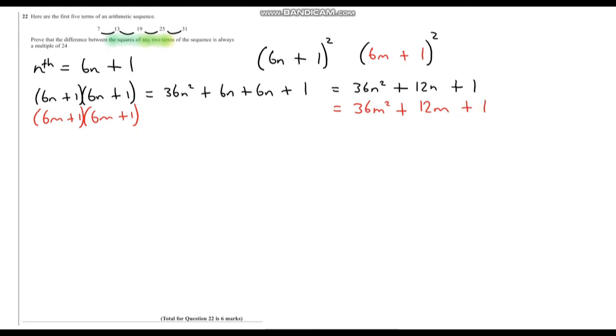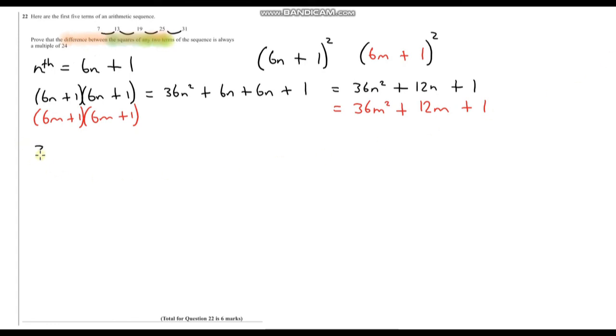Right, okay, let's go back to our question. Prove that the difference between the squares of any two terms. So we need to work out the difference between these two numbers. It's just going to be one subtract the other. Oh, let's go back to my pen tool, I'm forgetting that.